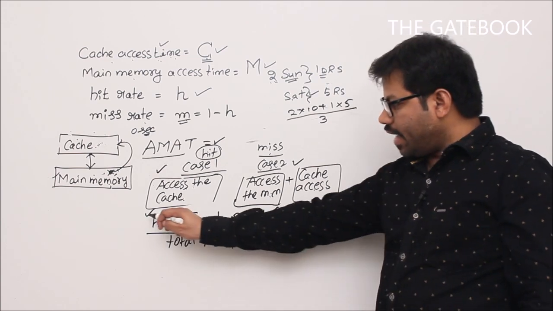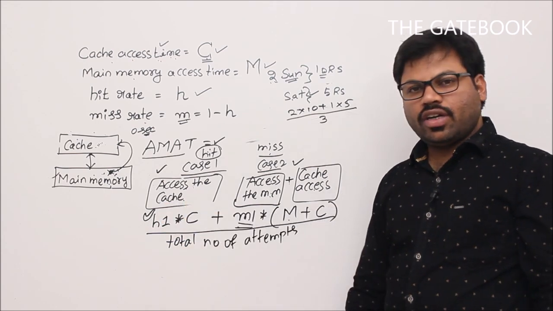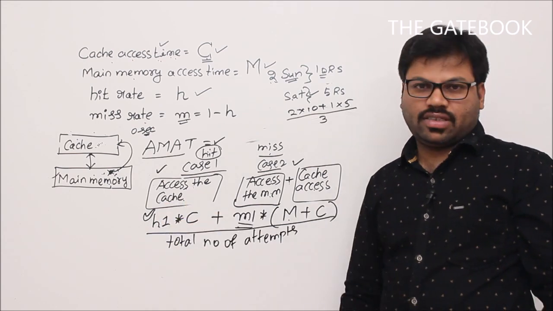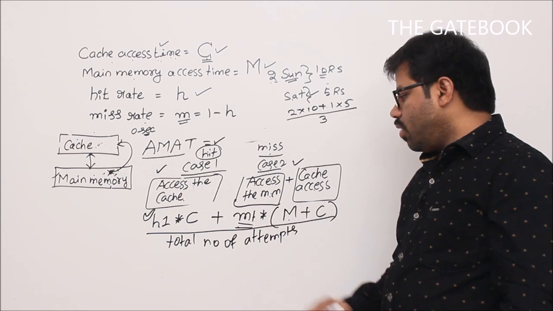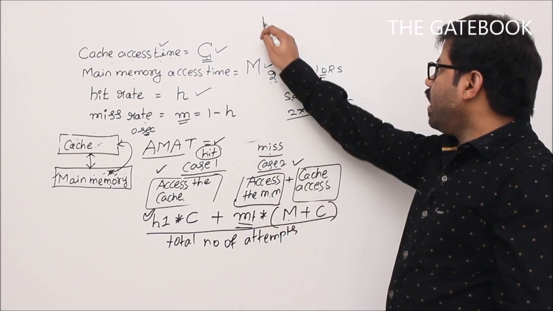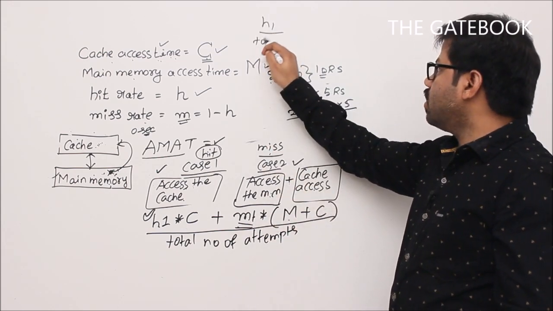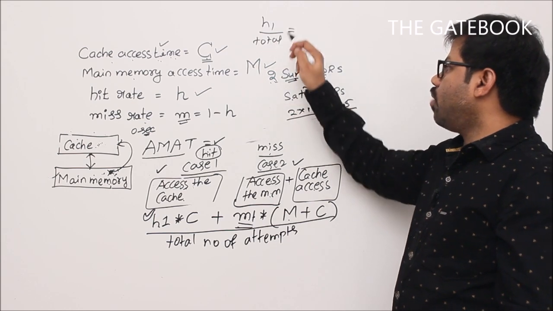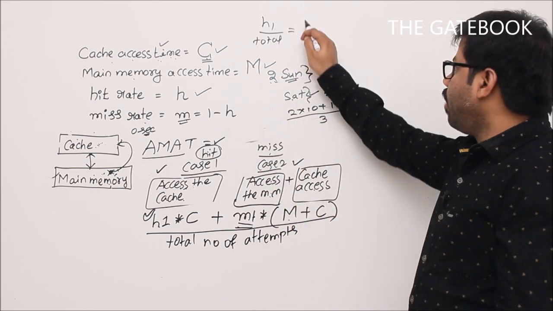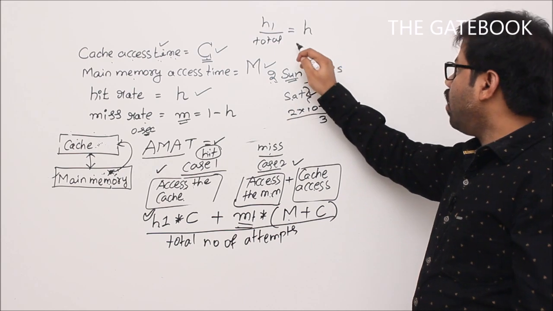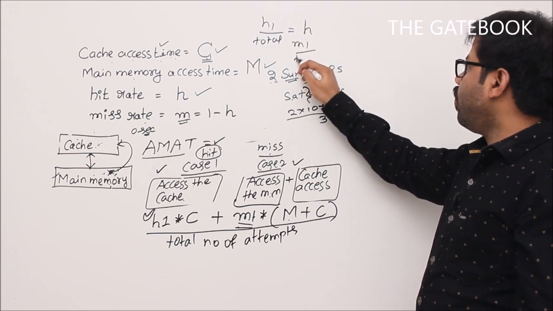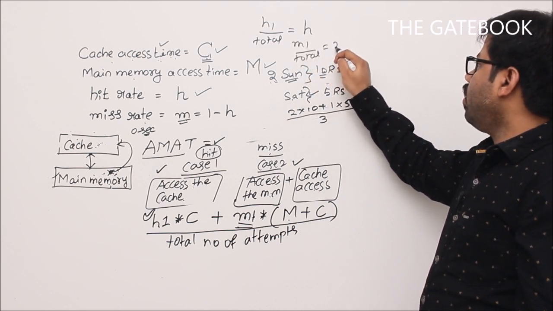Now you will get clarity about h1. What is h1? Number of hits. What is m1? Number of misses. Then what is h1 by total attempts? We know that is the formula for hit ratio, capital H. What is m1 by total number of attempts? That is the formula for miss ratio.